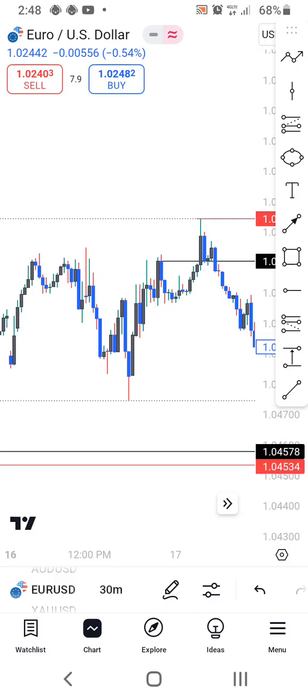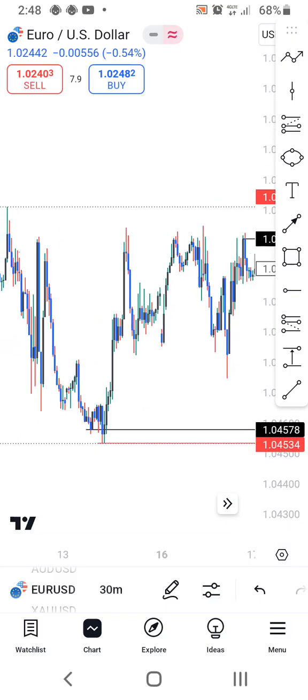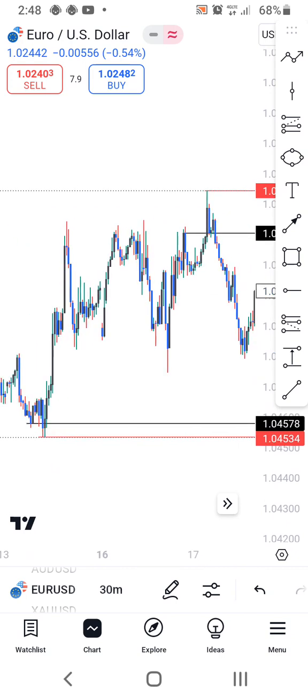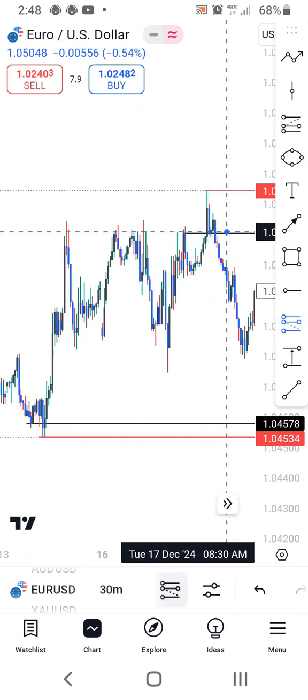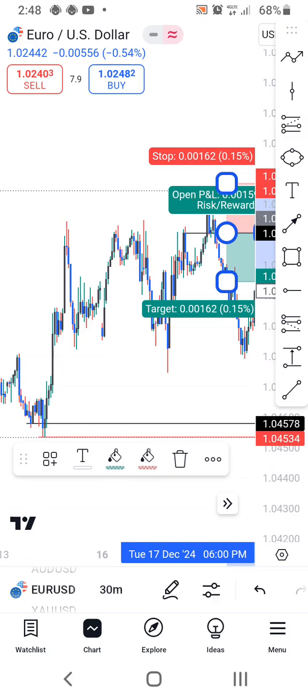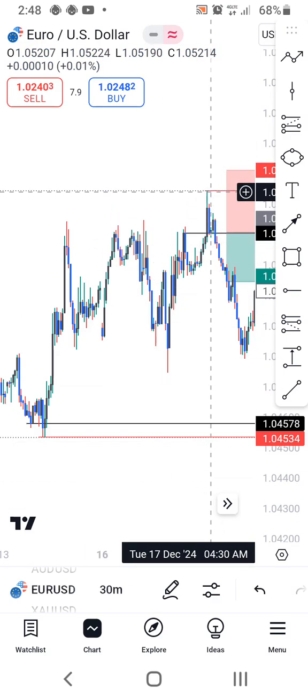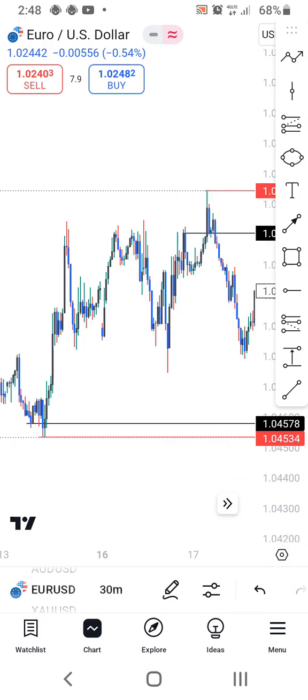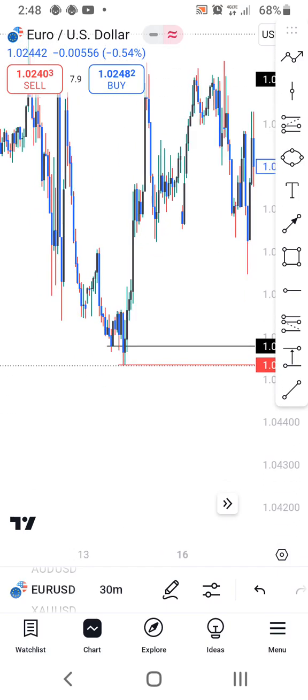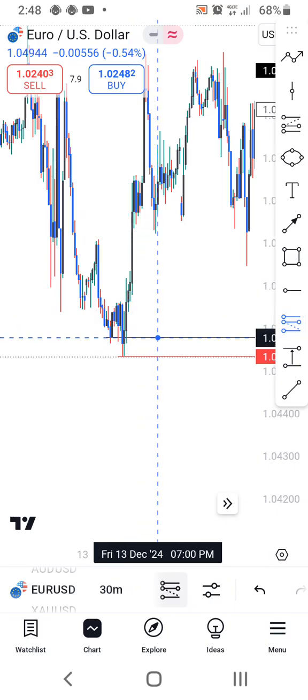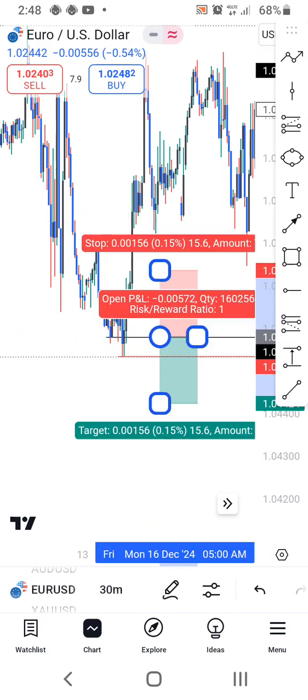According to what I'm saying, if you are supposed to take entries from here, the stop loss has to be above this high. What about this one, if you're supposed to take entries from here? Now the problem comes in, because here we don't have any high where we can put our stop loss.